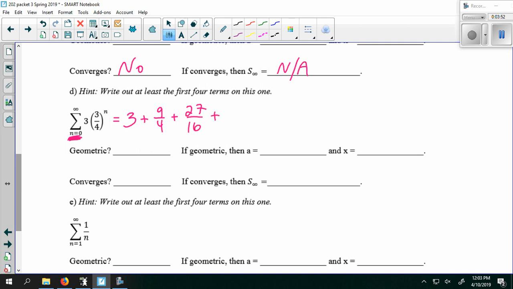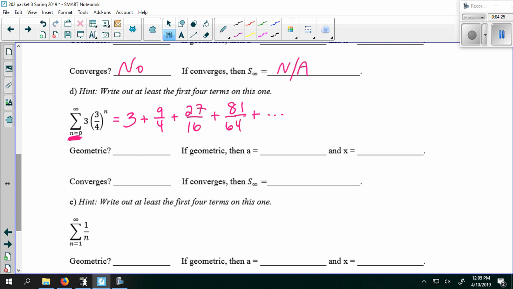And one more, I'm going to plug in a 3 for n. So I get 81 over, that's 4 cubed, that's 64. 81 over 64 plus dot, dot, dot.